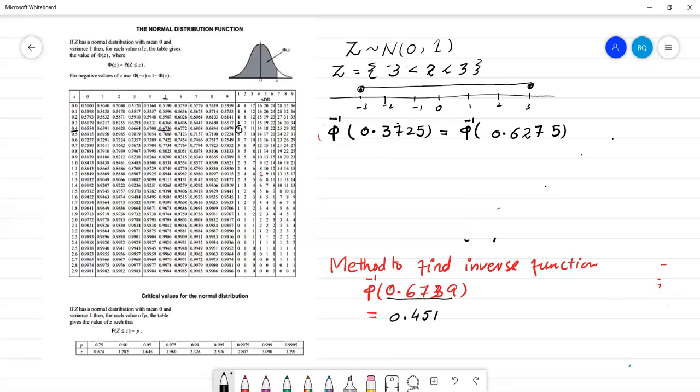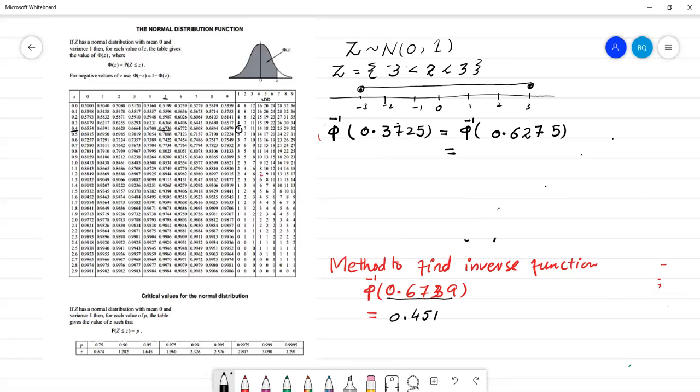So what will you do? If the number is less than 0.5, you have to subtract the number from 1 and apply this rule. Now this number becomes more than 0.5. Now you have to observe this number here.